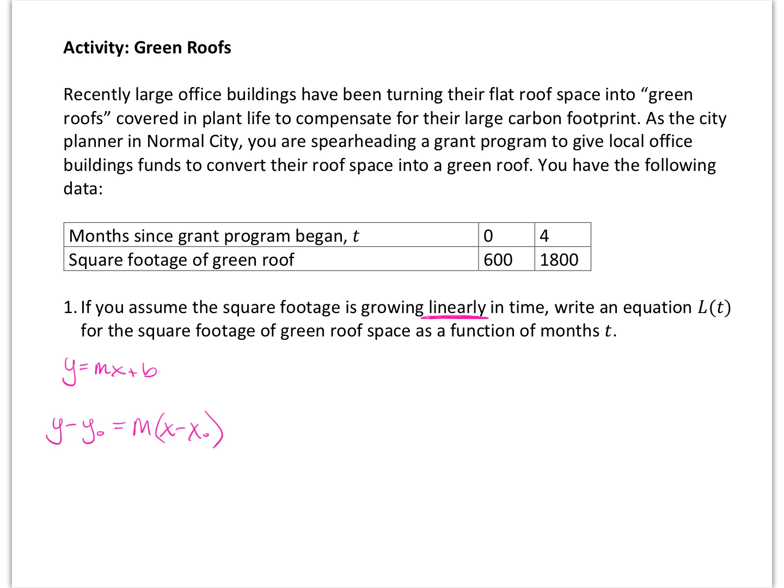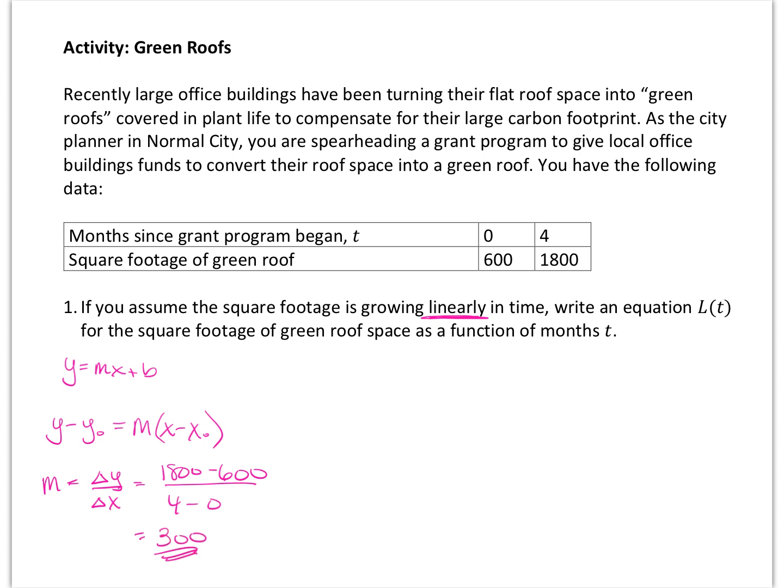In either case, the first thing I need to do is calculate the slope. I have 2 points here. This is x1, y1, x2, y2. So I'm going to calculate the slope by doing change in y over change in x. So I subtract the y's, 1,800 minus 600, over subtract the x's, 4 minus 0. So that's 1,200 over 4, which is 300.